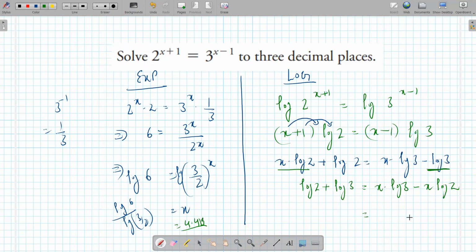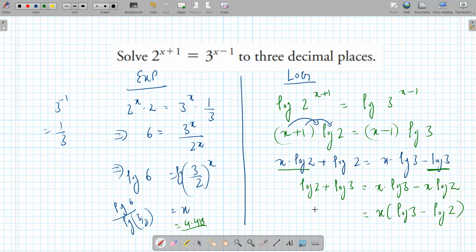Now on the right side, what do you see? Can we pull anything out? Do they have anything in common on the right side? x. x is right. So you do x times log 3 minus log 2 on the right.